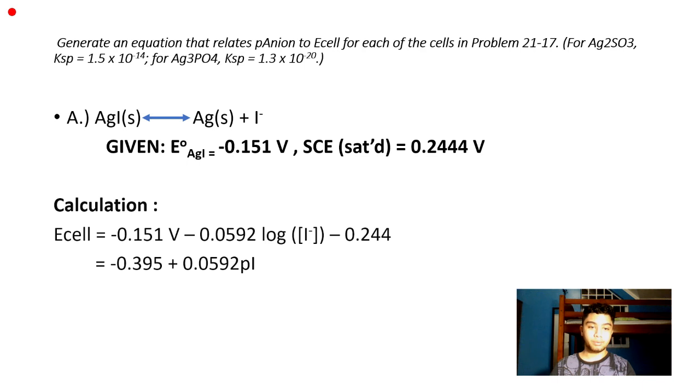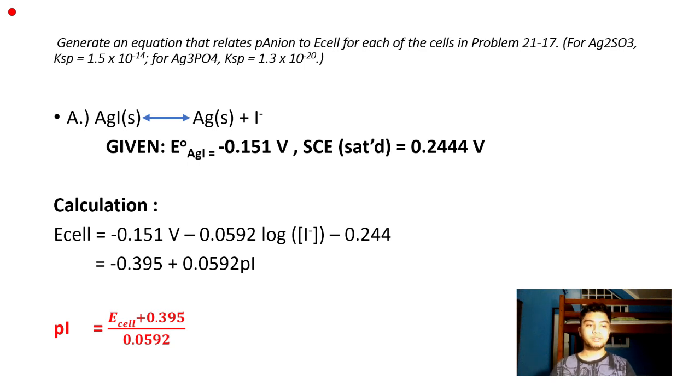The pI was taken from the logarithm of the I. Therefore, using algebraic methods and transposing the values, we get pI is equal to E cell plus 0.395 all over 0.0592.